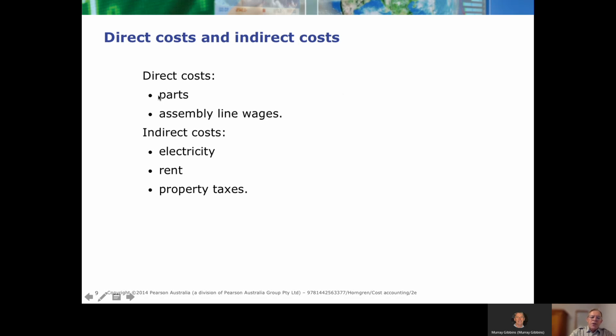But the third component part is our other overheads, our indirect costs, if you like. So electricity for the firm, rent, property taxes, the forklift driver's wages, security guard wages, the rates, insurance for the factory, whatever. All of these we can't directly allocate to the product. We've got to allocate them.